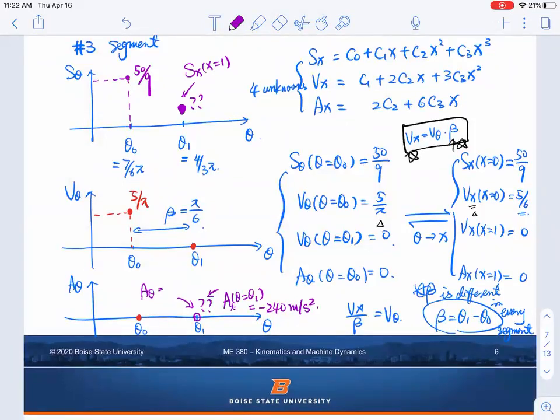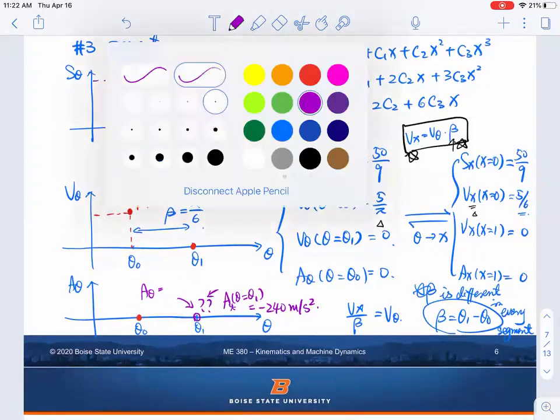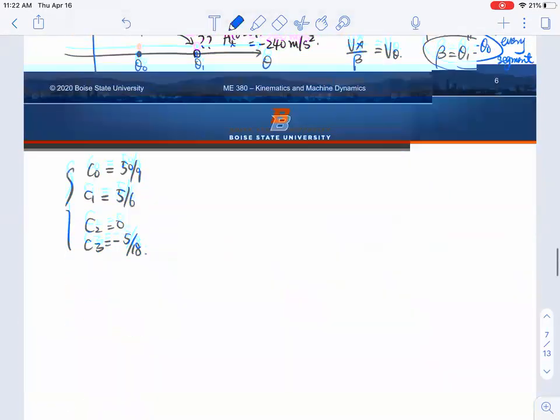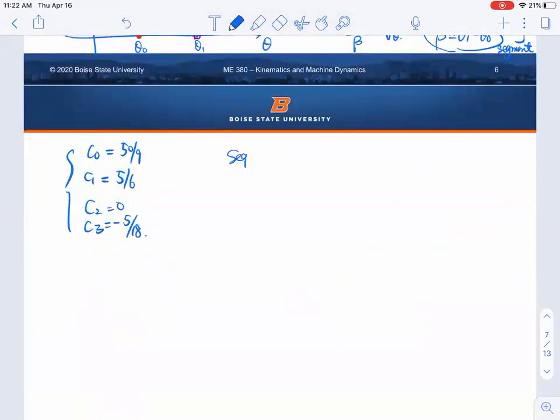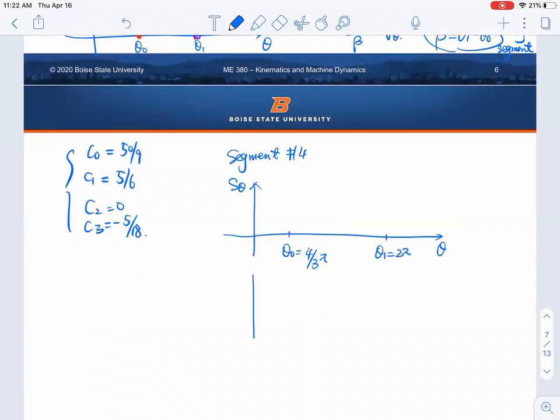All right. So the last segment, I'm not going to go over it again because it's just repeating stuff. For segment number 4, the same thing. You draw your theta as theta. It starts from theta naught equal to four thirds pi. It ends as theta 1 equal to 2 pi.